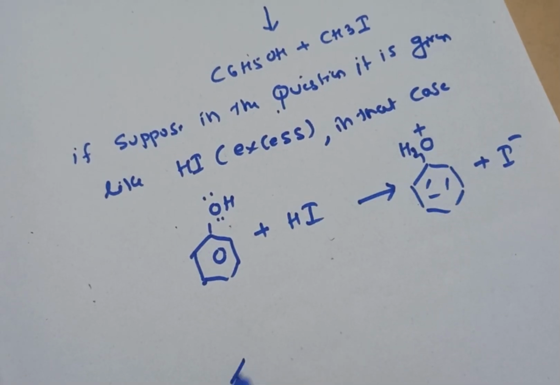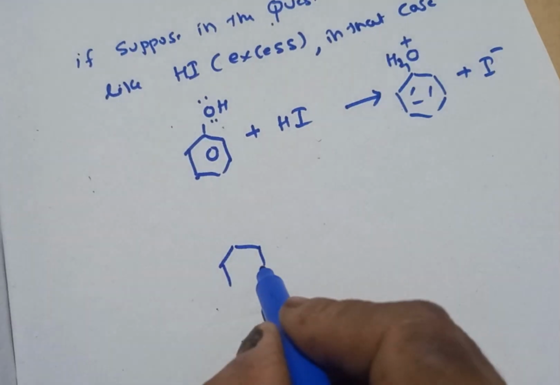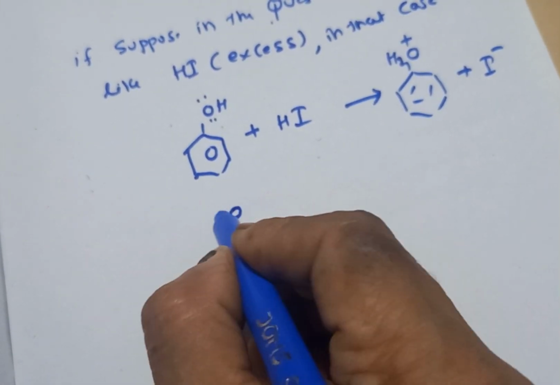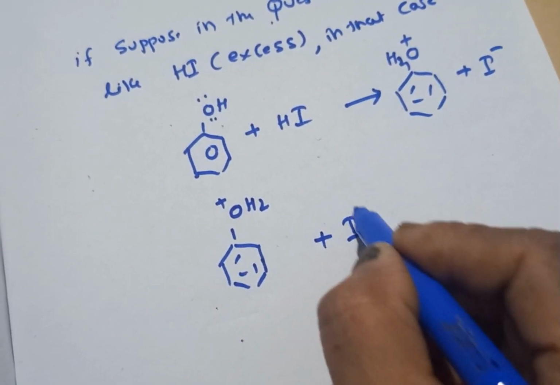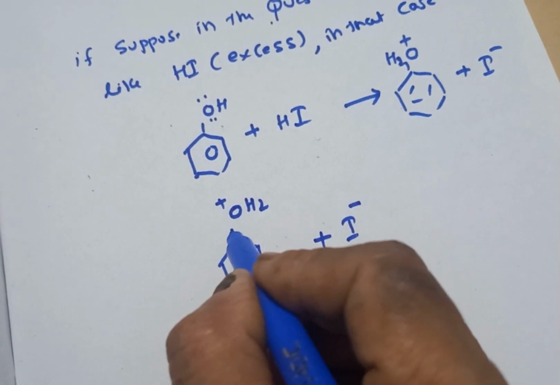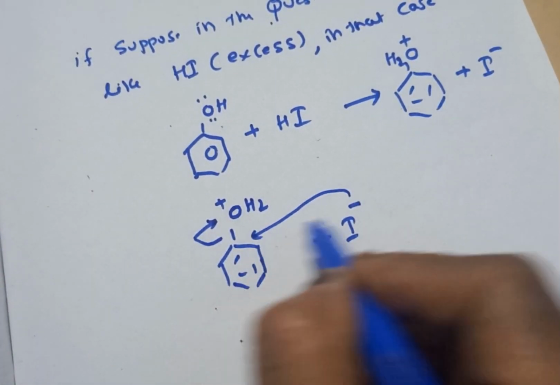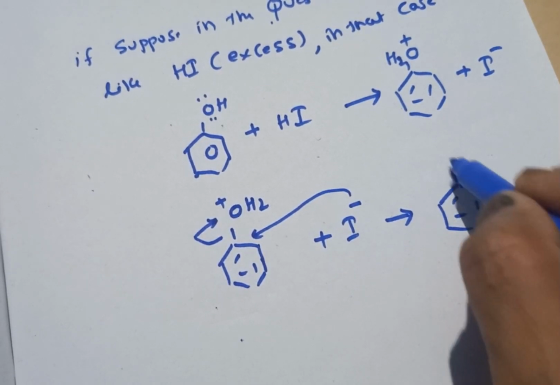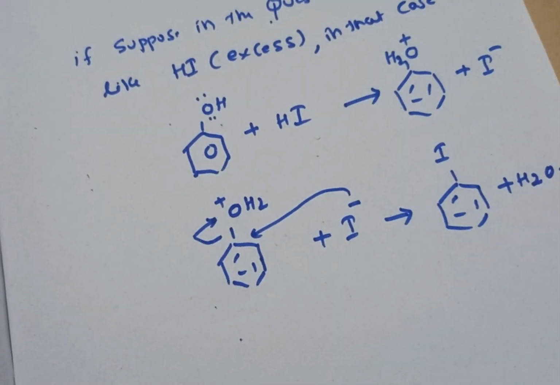Now the next step is that this nucleophile attacks this benzyl cation to form iodobenzene plus H2O.